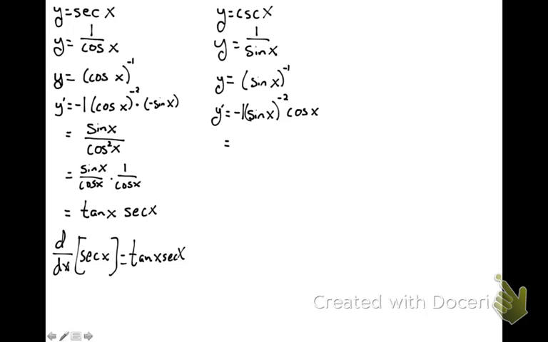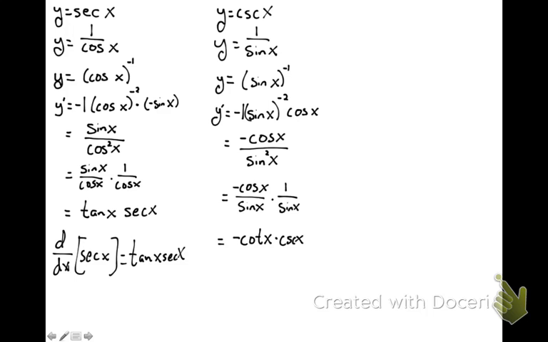Cleaning this up, this will become negative cosine x over sine squared x, which can be rewritten as negative cosine x over sine x times 1 over sine x, which simplifies down to negative cotangent x times cosecant x.